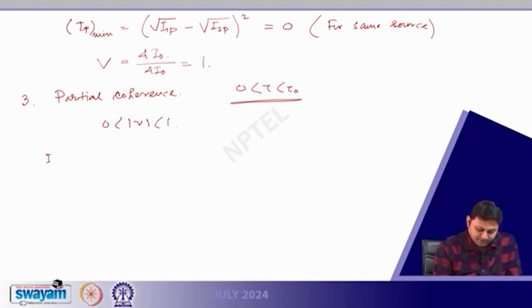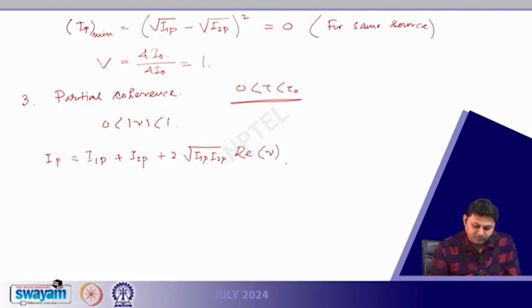Then IP will have something like I1P plus I2P plus 2 root over of I1P I2P, then the real value of gamma, and I don't know what is the value of gamma definitely, so this value will remain.